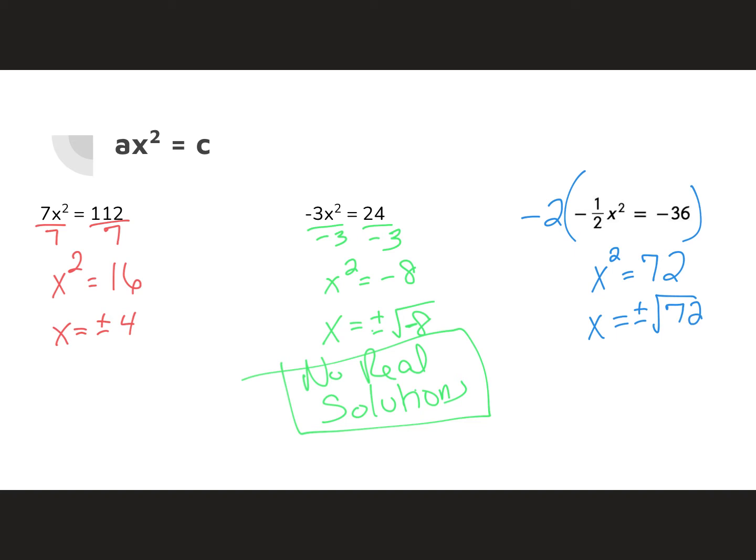If I put that in my calculator to get an approximation, then I get x equals positive and negative 8.485, which rounds to 8.49. Make sure you're rounding correctly.